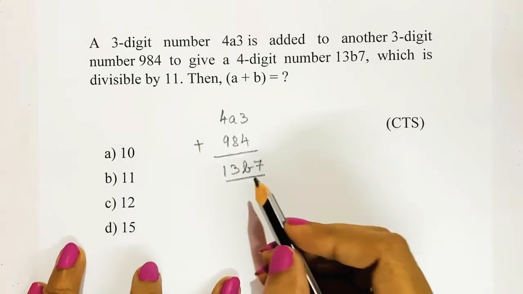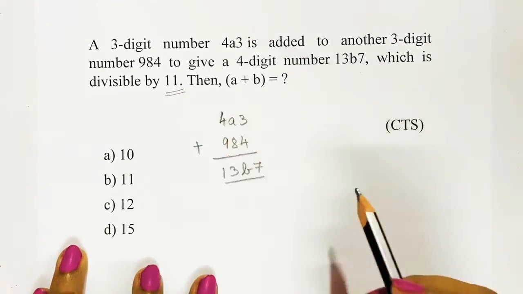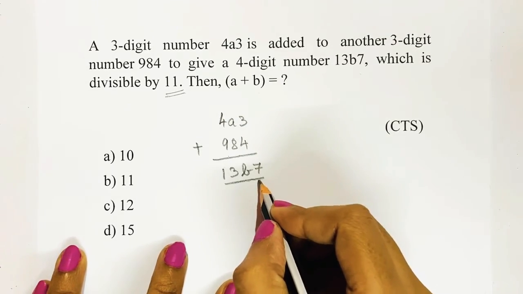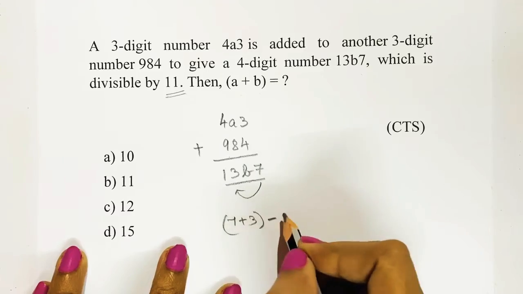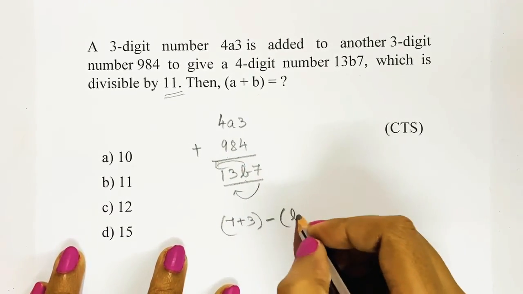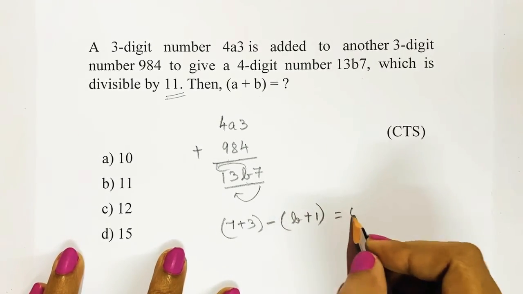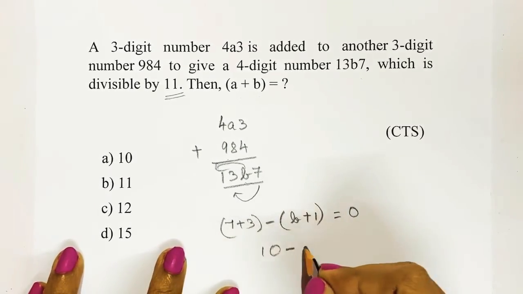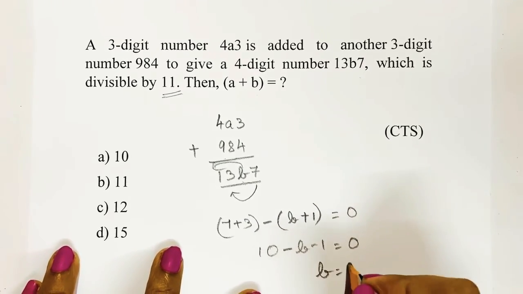To find the value of B, it is given it is divisible by 11. So, the sum of the digits in odd places is 7 plus 3 minus the sum of the digits in even places, which is B plus 1. We can assume the value to be 0. So, 10 minus B minus 1 is equal to 0. So, B is equal to 9.